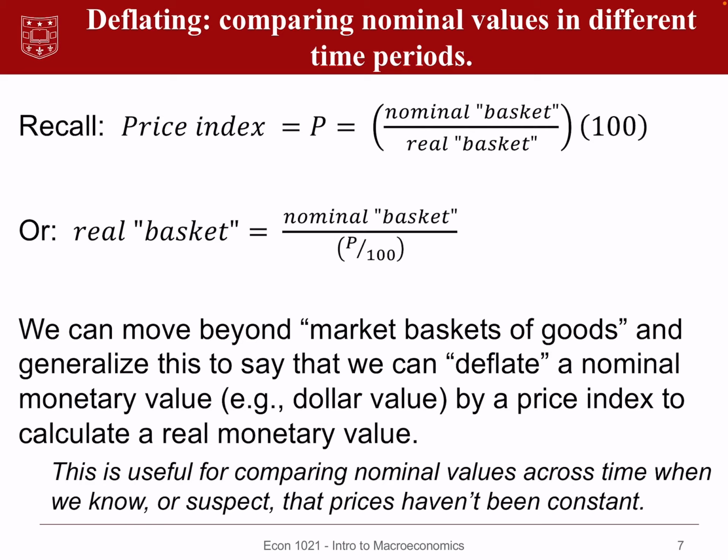So, how do we go about deflating? In other words, what we're doing when we're deflating is calculating real values. And we've already seen this when we talked about real and nominal gross domestic product.